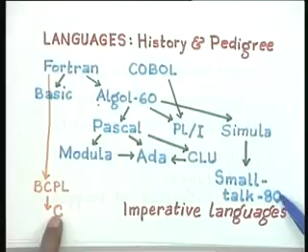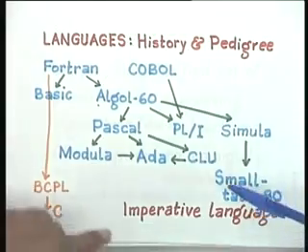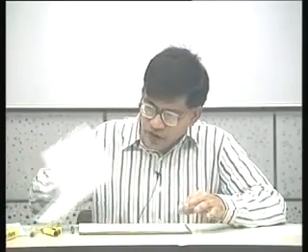Then once Smalltalk 80 came up and C was there and object orientedness became a big buzzword, you had C++, which is not here. So that is briefly our pedigree of languages.